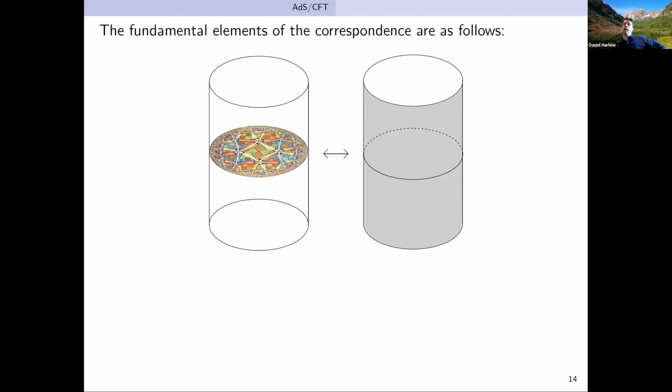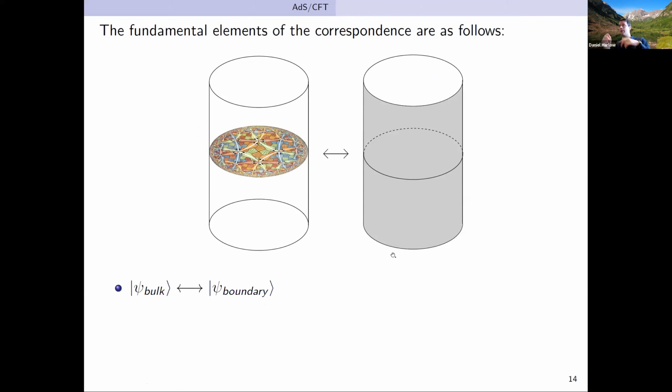So I'll tell you a bit more about the correspondence. So on a spatial slice, here's what the geometry looks like. It's represented by Escher. It has negative curvature, right? So you have this kind of Poincare disk kind of thing. And then the idea is that if you have a state in the Hilbert space on this side, it's equal to a state in the Hilbert space on that side.